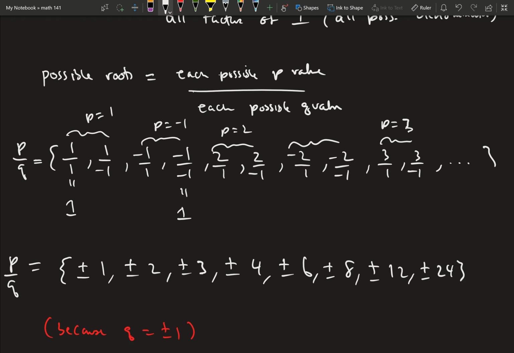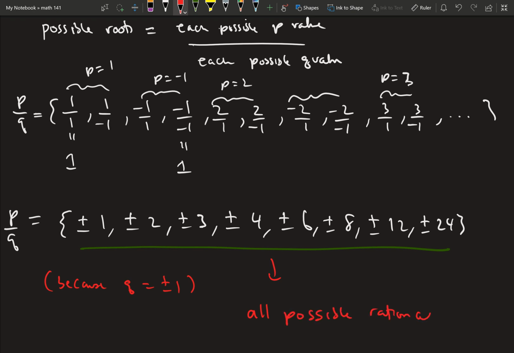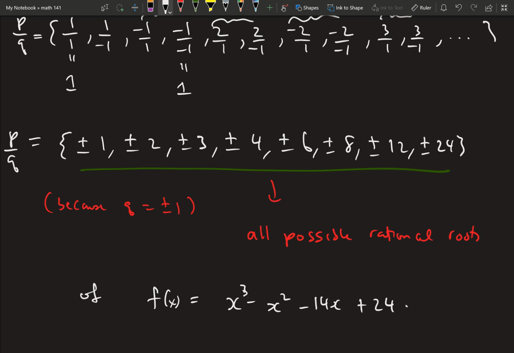So this set right here, these are all possible rational roots of, and let me just rewrite the polynomial because that got left behind, f of x, which was x cubed minus x squared minus 14x plus 24.